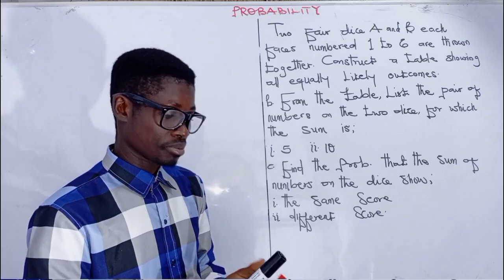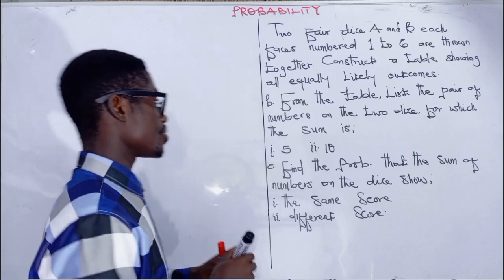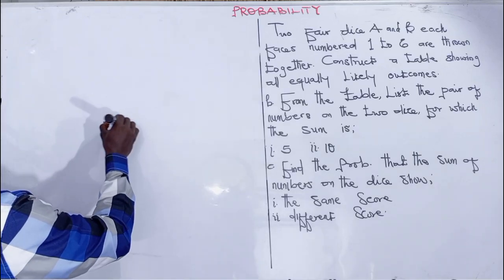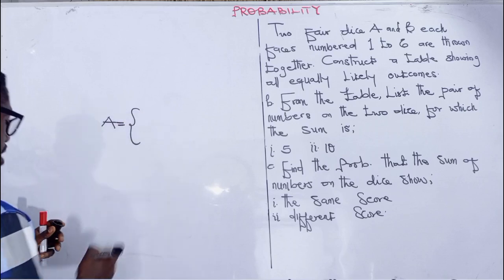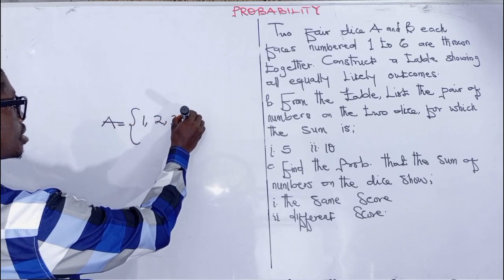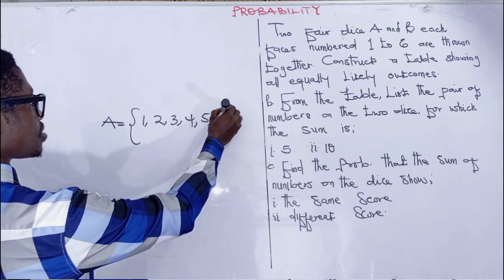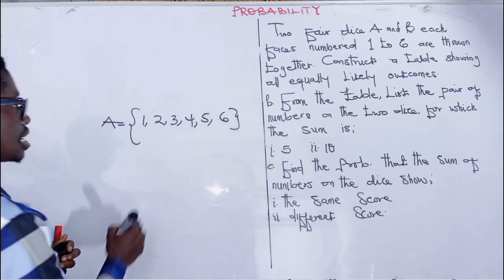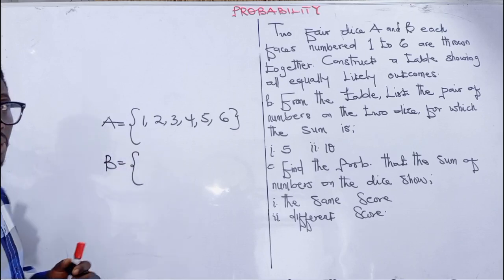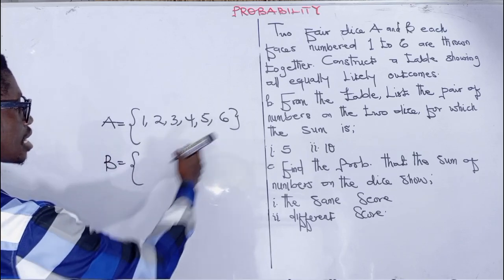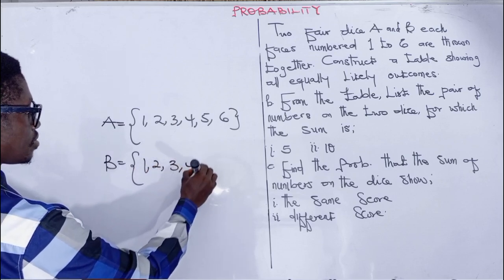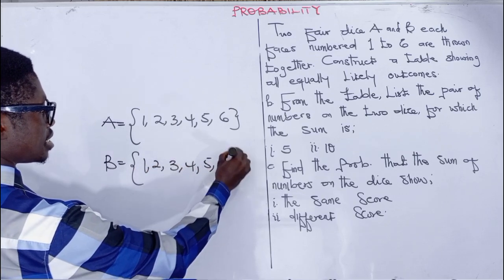and we know that when we toss a die, we are either going to have the number 1, 2, 3, 4, 5, or 6, and then we have die B. When we toss it similarly, we are going to get these outcomes: 1, 2, 3, 4, 5, and then 6.